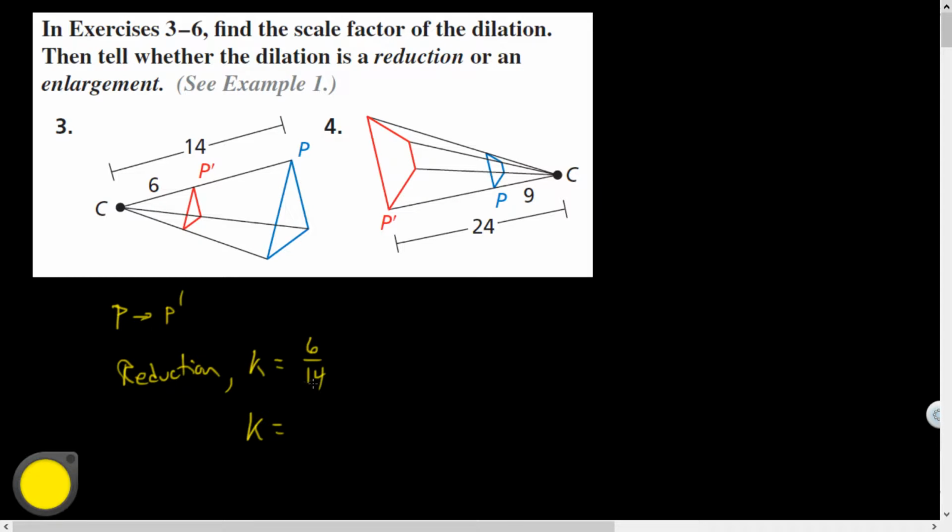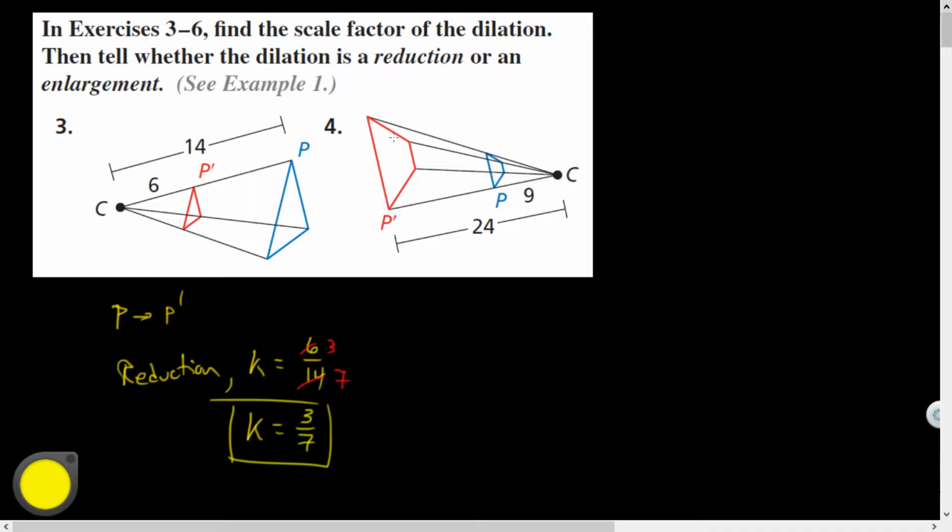So you can kind of think about it that way. I can reduce this with my red pen, and 2 goes into both of those, into 6 thrice and into 14 seven times. 3/7. A 3-to-7 ratio is the scale factor, and it was a reduction.